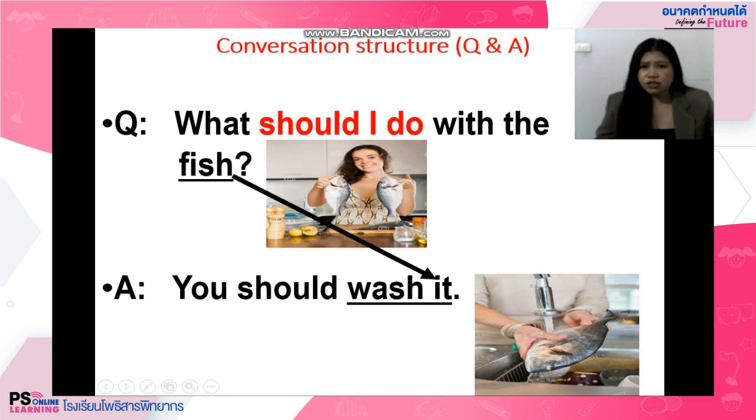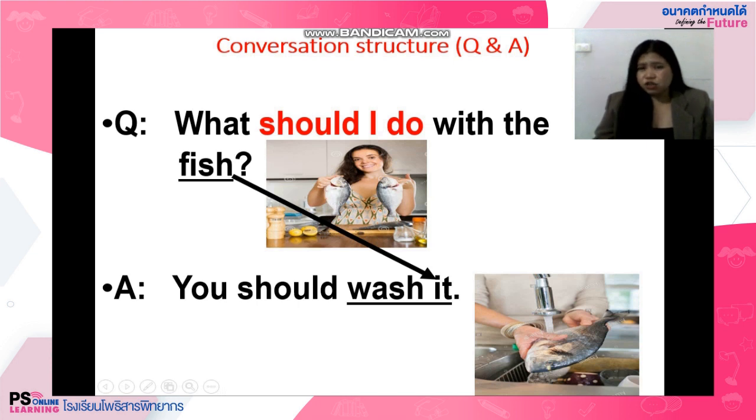Because fish is one, okay, without the es. So we use it, okay, for the answer. Understand? If there is no es or if there is only one or singular noun with a question, then you have to use it in your answer. Okay, you should wash it.